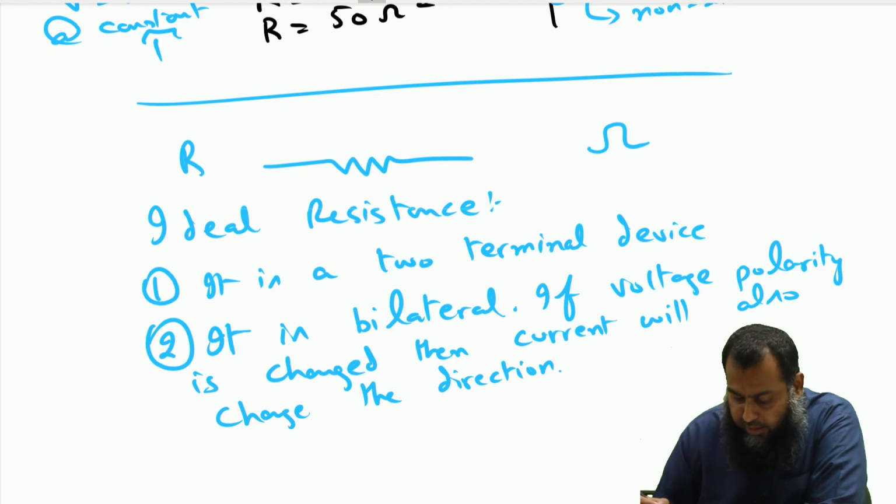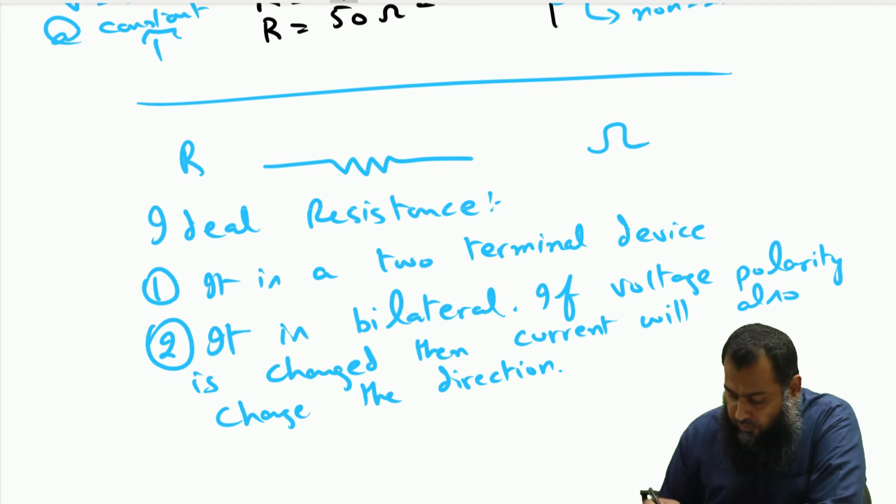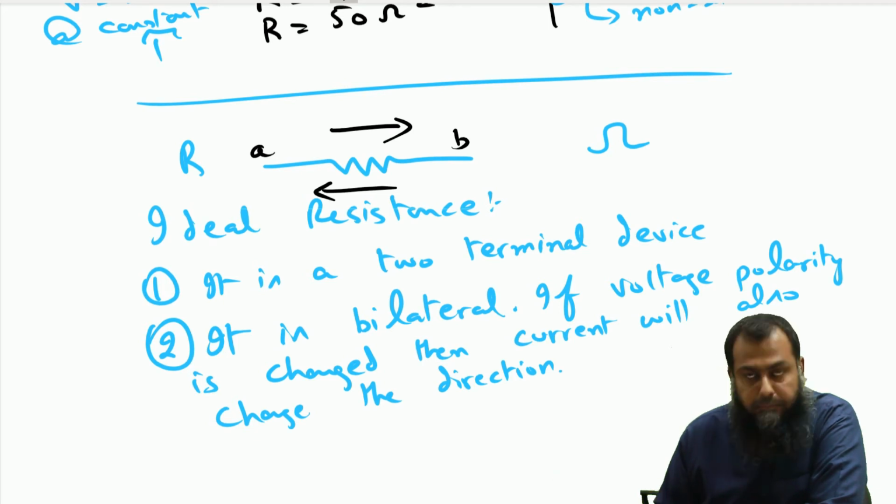What I mean to say here is that a resistance allows current to flow either from terminal A to B or from terminal B to terminal A.